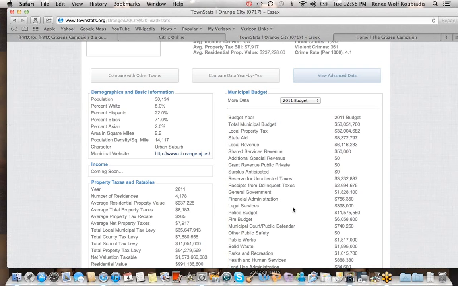I would say that the budget data we're providing for Orange is accurate to a relatively high level of confidence.